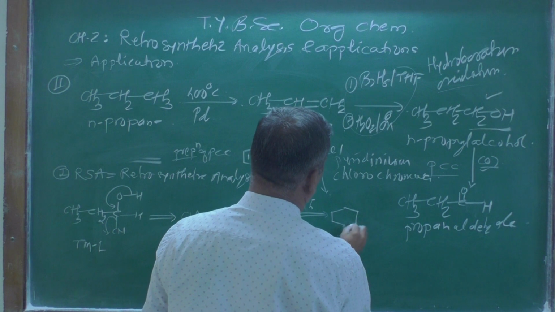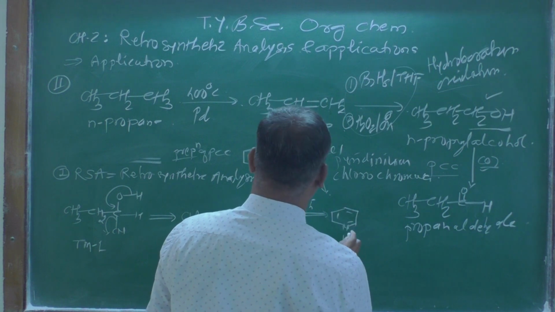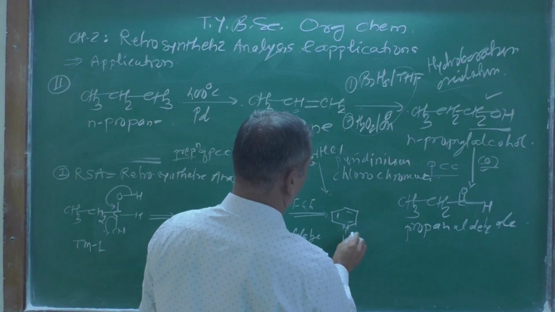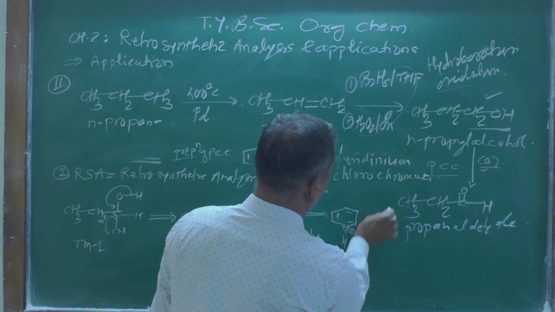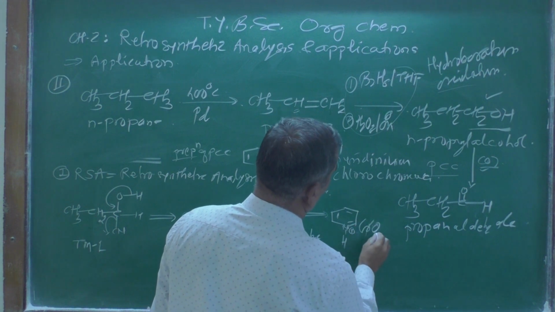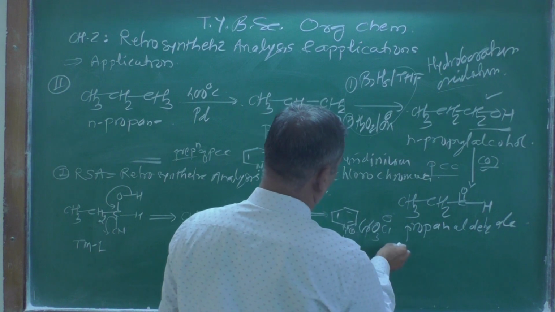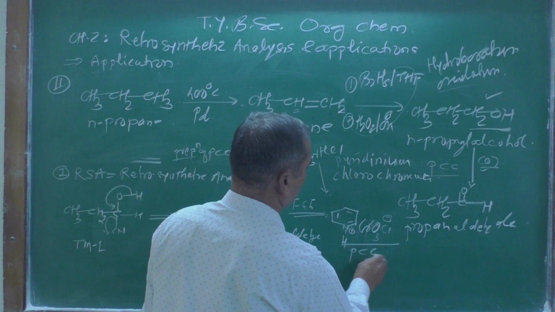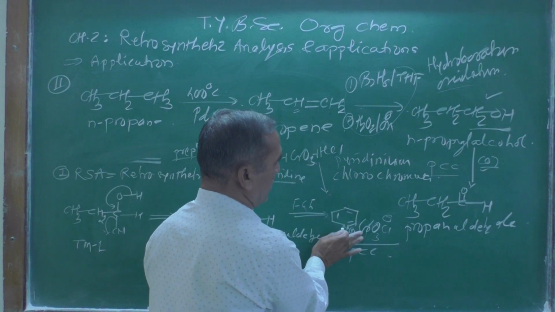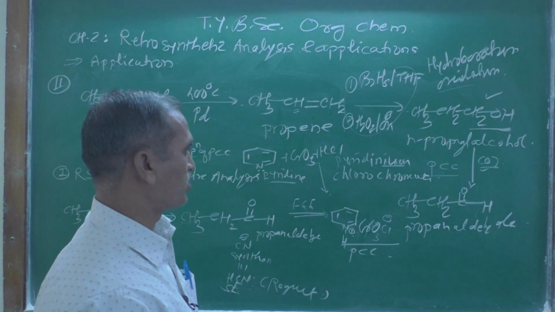Here the nitrogen atom carries a hydrogen atom, therefore a positive charge, Cl minus, and here you can write CrO3 and Cl minus. This type of salt or reagent is called PCC. Pyridinium: the -ium indicates a positive charge on the nitrogen atom.